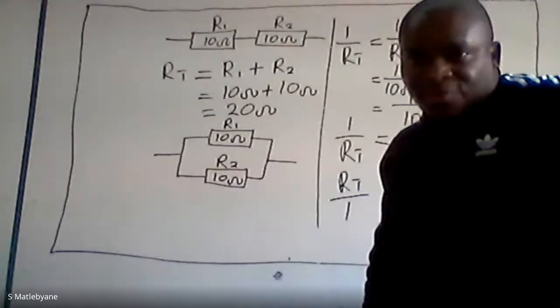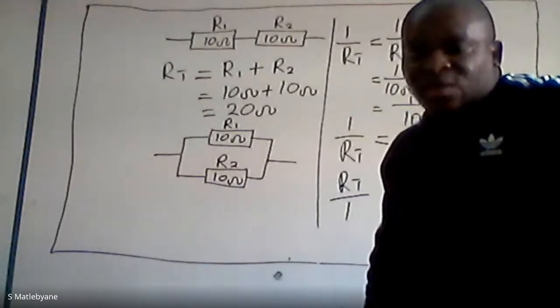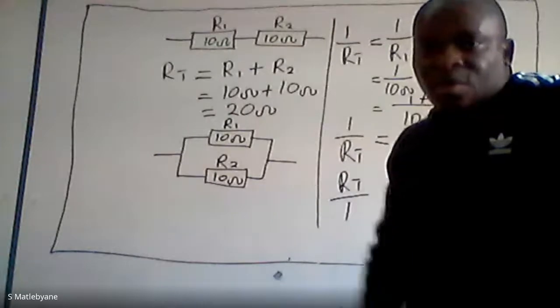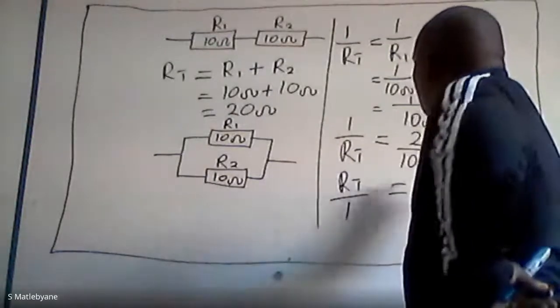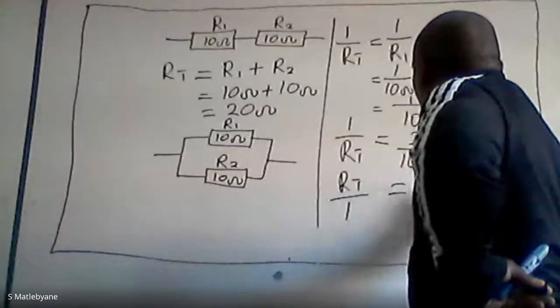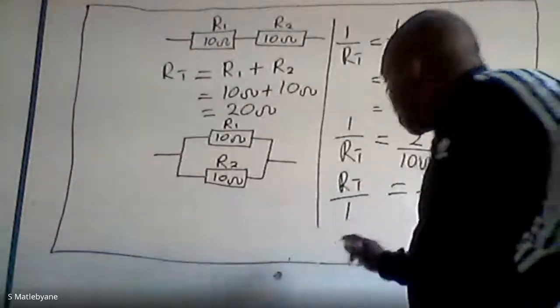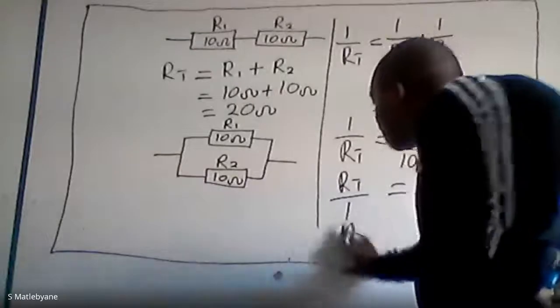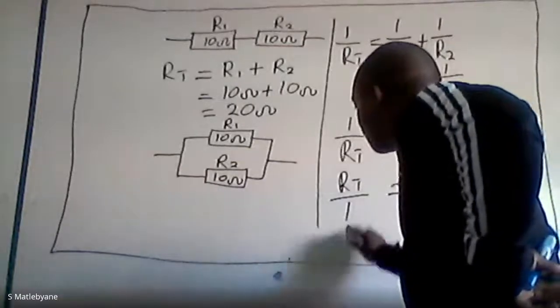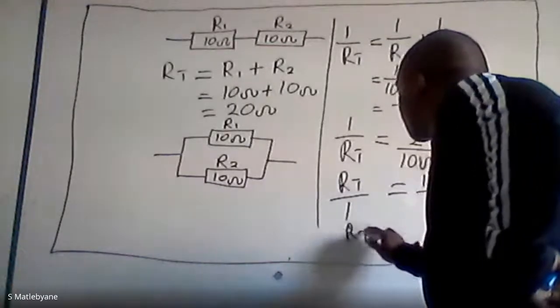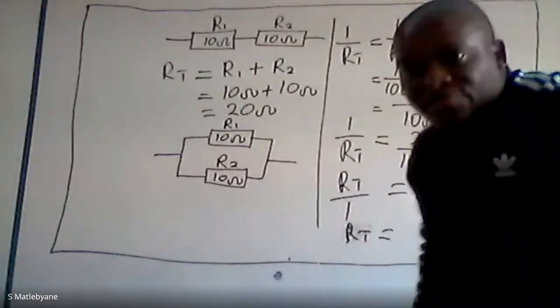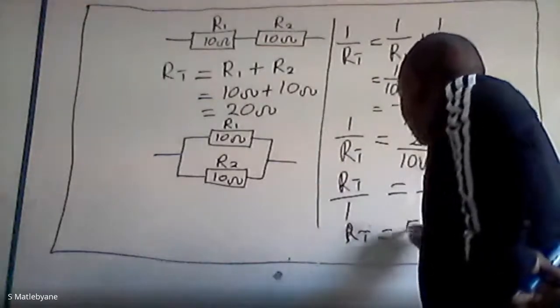Then I was taught in mathematics, what you do on the left-hand side, you must do on the right-hand side. So I'm turning them around. So here it will be 10 ohms divided by 2. So 1 into RT will be R total, RT. 2 divided by 10, it will be 5 ohms.